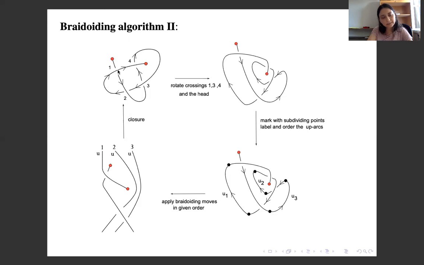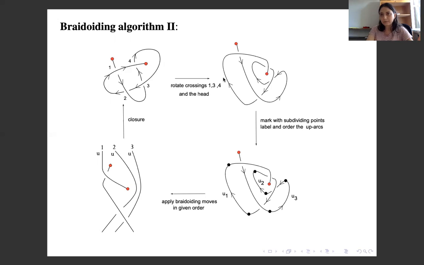Actually, the first contains just one up arc, but the fourth contains two up arcs. So we rotate these three crossings here 90 degrees or 180 degrees to turn the up arcs into down arcs.